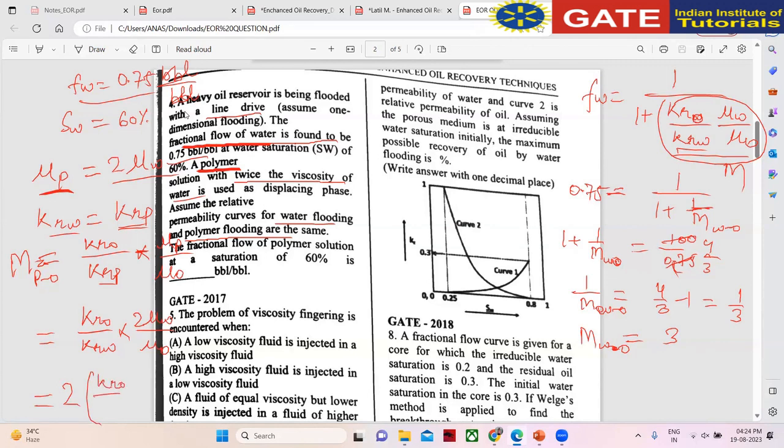KRO divided by KRW into mu W divided by mu O. This is the mobility ratio of polymer and oil. Okay. So this value is equal to your normal M of water and oil. You get that point?